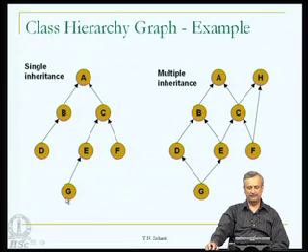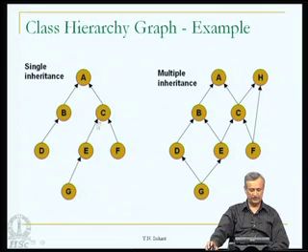We anyway have a pointer to the class record from the object, and we have this class hierarchy graph. There will be a pointer in the class record to this particular node in the class hierarchy graph. So, we can go on traversing the class hierarchy graph till the root and check whether one of the ancestors is met the way we wanted it.